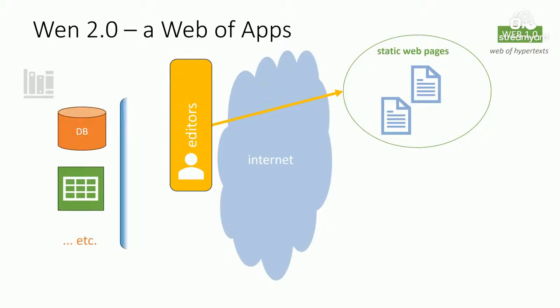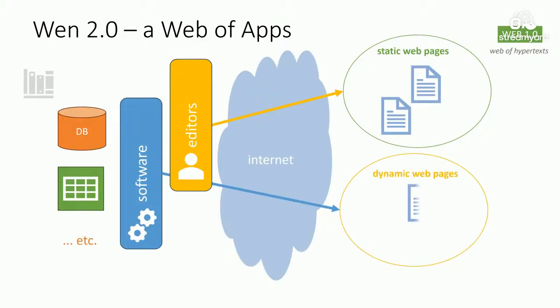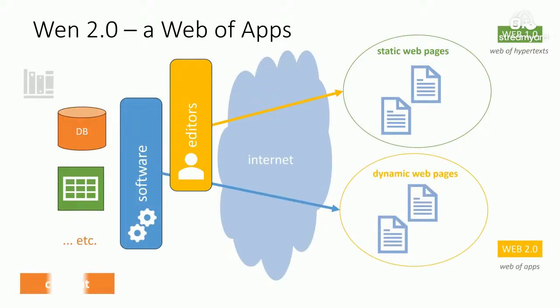Then Web 2 transformed this network of documents into a network of applications. Think of sites like Amazon, Gmail, Google Maps. These are highly interactive software applications, fetching data from some sources, typically a database, and providing them to the end user. Again, here content, that is the data in the database, is separated from its virtually unlimited presentations.